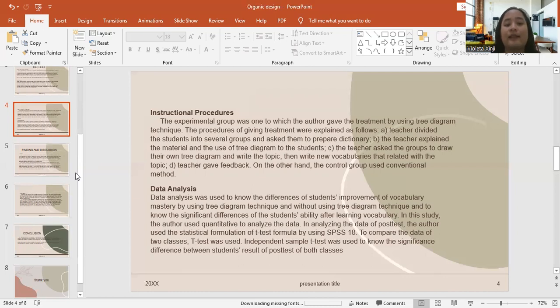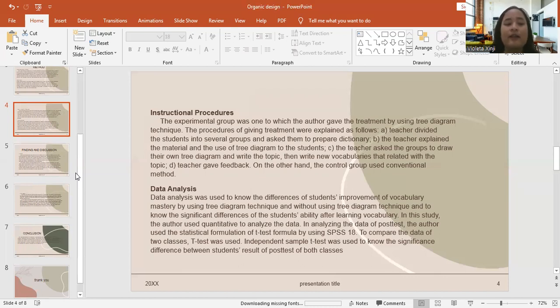Next is data analysis. Data analysis was used to know the difference of student improvement of vocabulary measured by using the tree diagram technique and without using the tree diagram technique, and to know the significant difference of the students' ability after learning vocabulary.